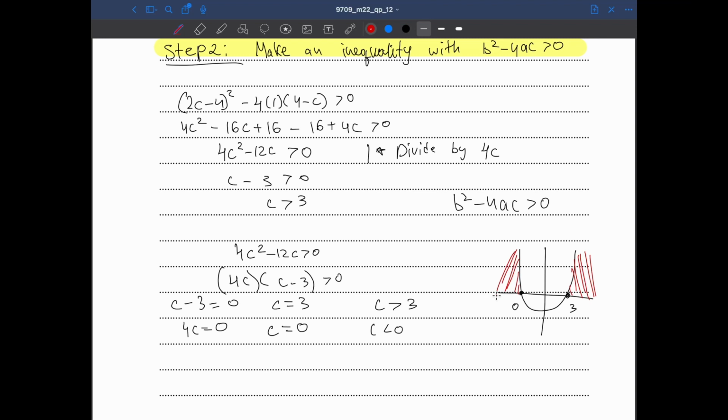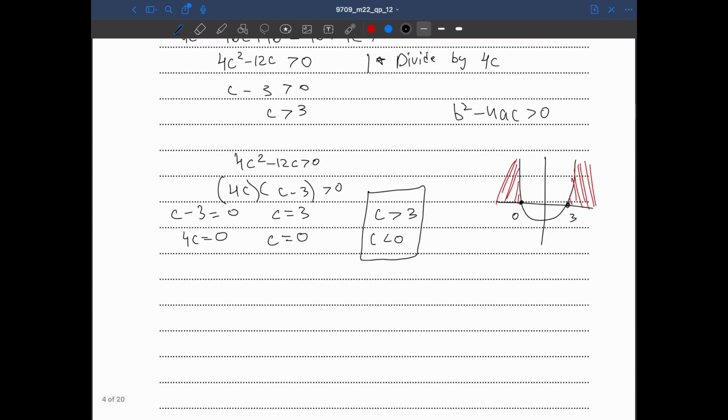So we should take the part which is greater than the greater answer and less than the less answer. So the greater answer is 3, so we need to take the part which is more than 3. And the less answer is 0, so we need to take the part which is less than 0. That's why the set of values is basically going to be like this.